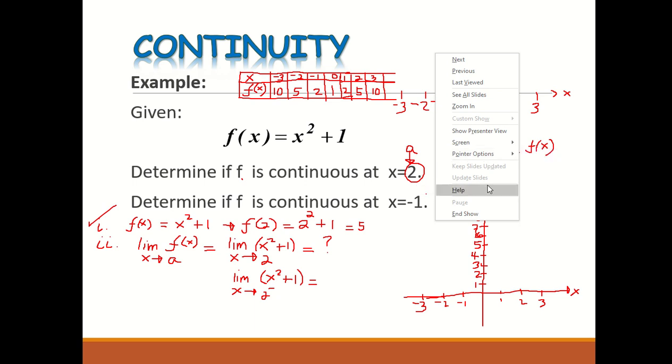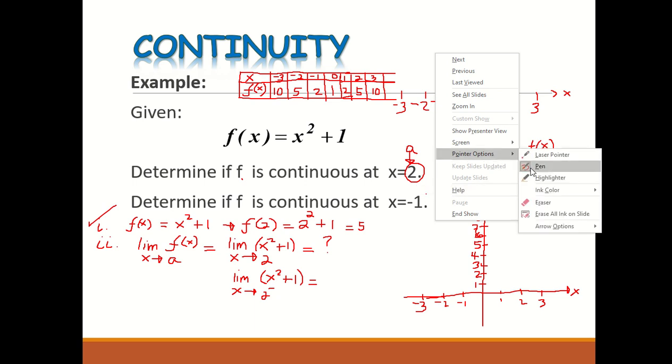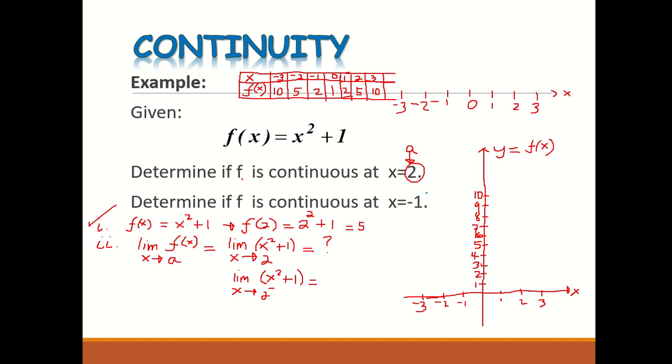Okay, so let's use this color here. Okay, the point is here. When x equal to minus 3, f of x equal to 10. When x equal to minus 2, f of x equal to 5. So when minus 2, go up to 5. Okay, so we have here at this point, approximately somewhere here.